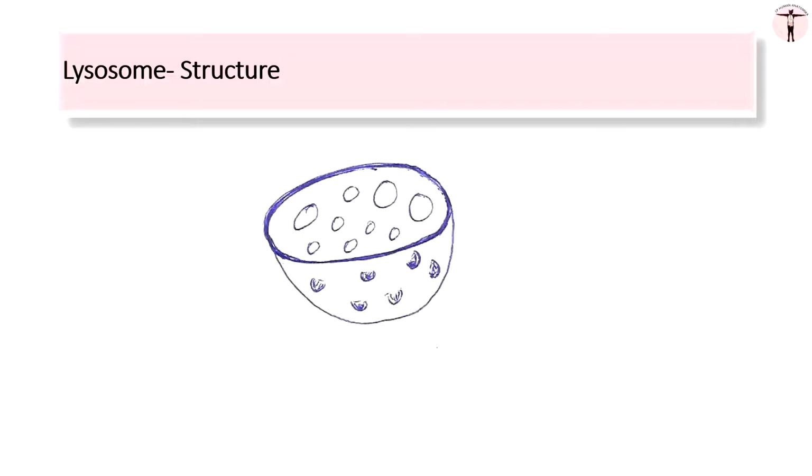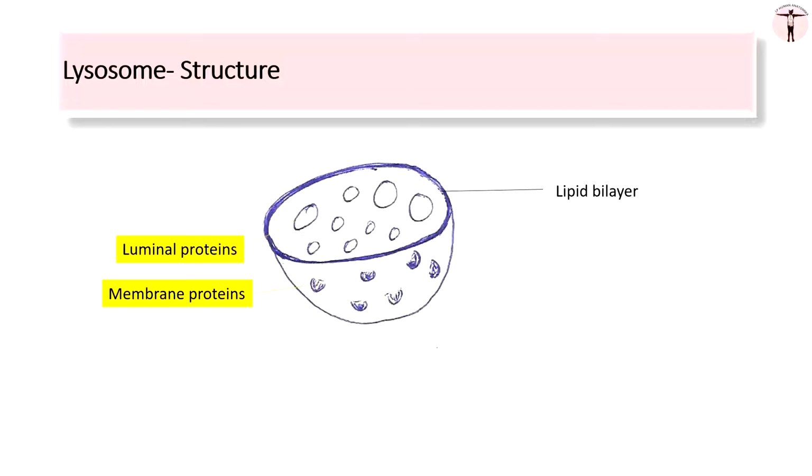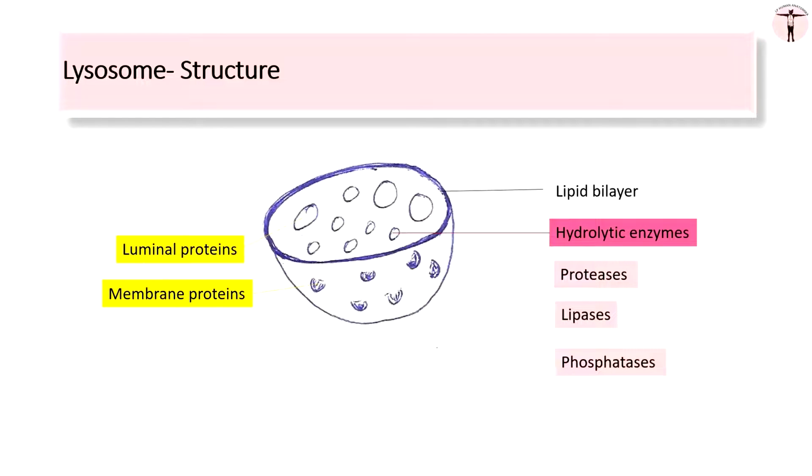Lysosomes, a component of the cytoplasm of the cell, are lipid bilayer thick-walled membrane-bound spherical vesicles. A lysosome has a specific composition having membrane proteins and luminal proteins. Lysosomes contain hydrolytic enzymes, namely proteases, lipases, and acid phosphatases.